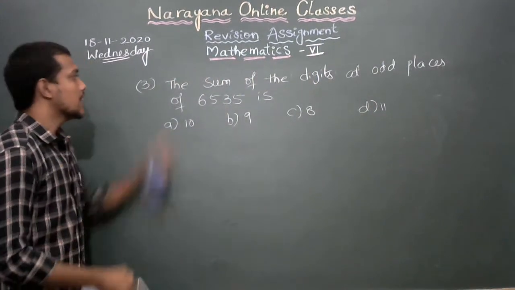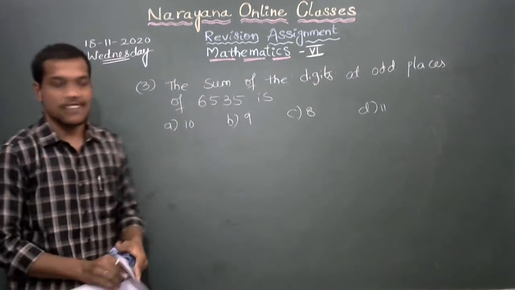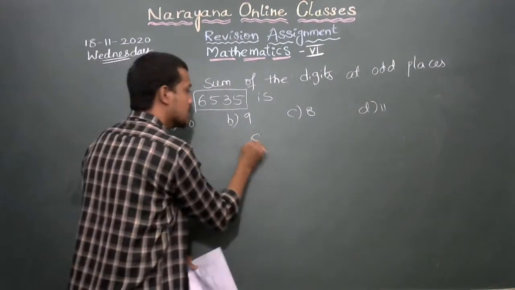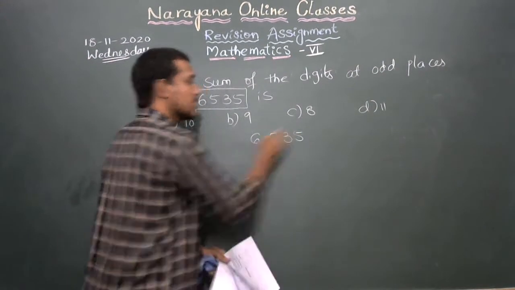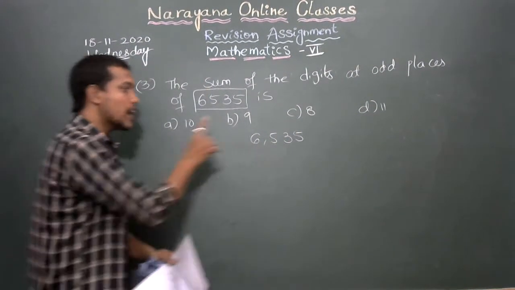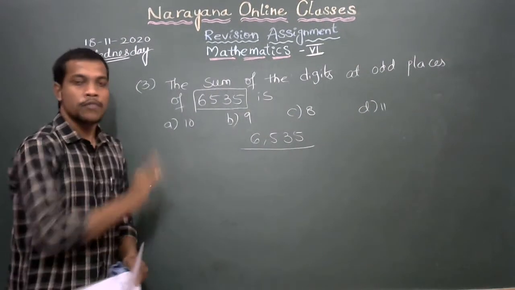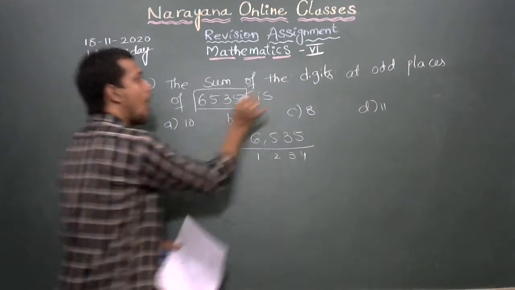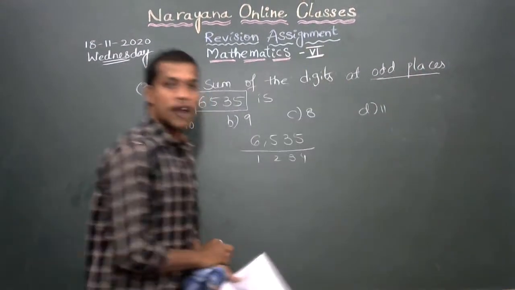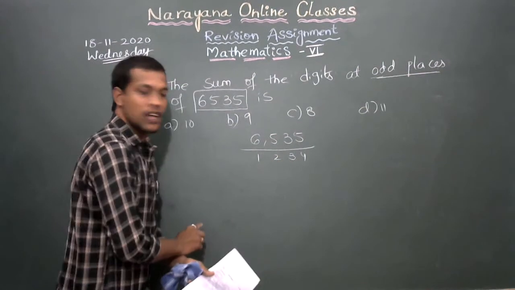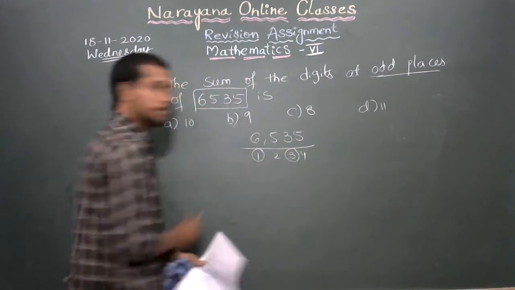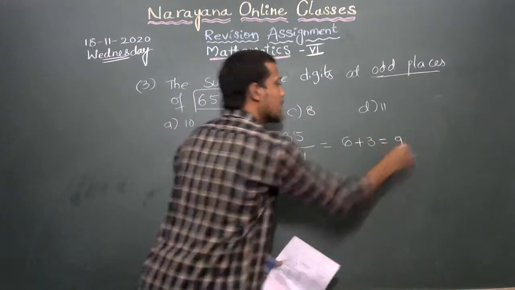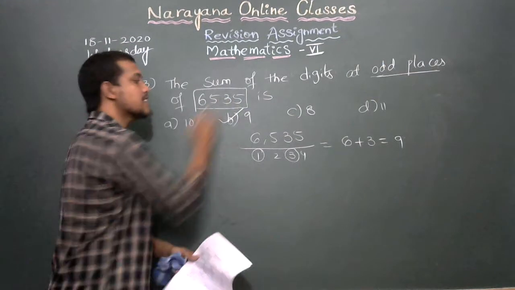So the given number is 6535. Now I am separating the places: 1, 2, 3, 4. They are asking for the odd places. So the odd places are 1 and 3. Now 6 plus 3 means 9. So B is the correct answer.